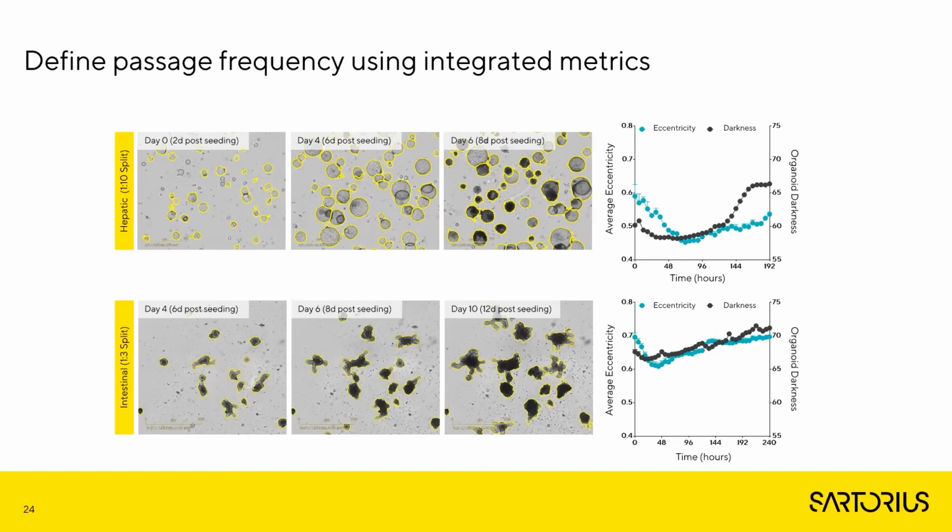So for the intestinal organoids, as they mature, you observe an increase in the eccentricity metric, which corresponds to this very characteristic budding morphology that they take on. You also observe an increase in the darkness metric, which corresponds to accumulation of debris within the lumen of those objects.